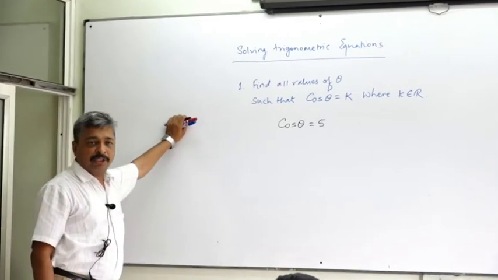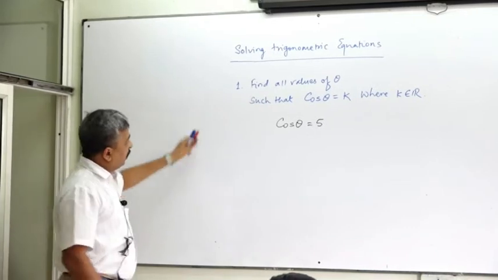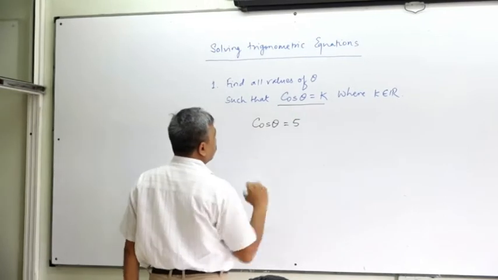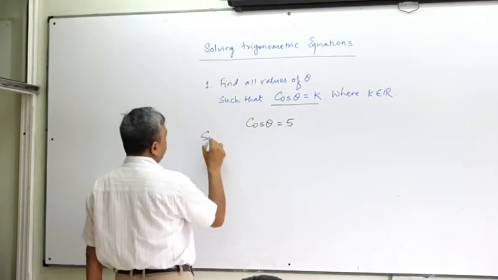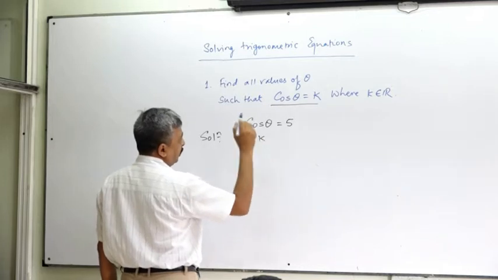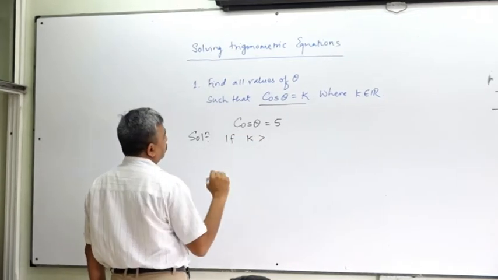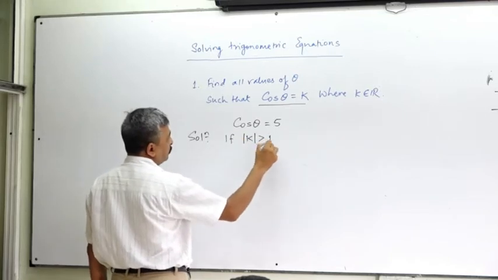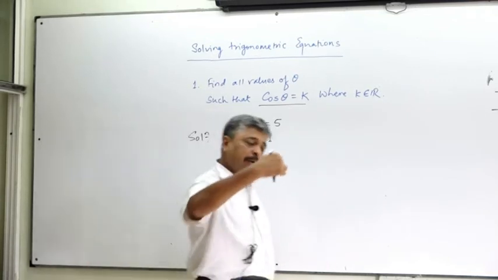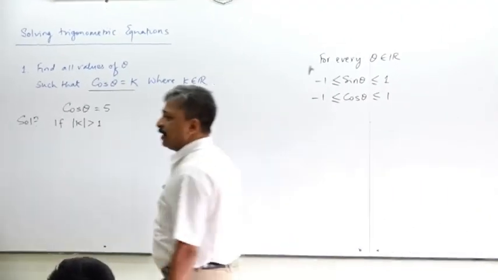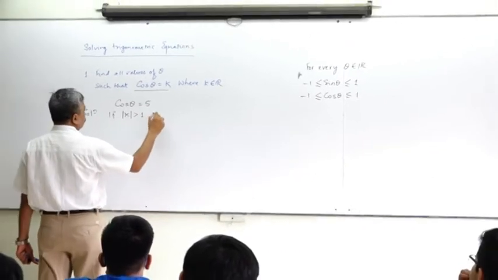Therefore, first thing that we need to write is, if mod k is greater than 1, mod k means negative values are also taken care of, so mod k is greater than 1, no solution.